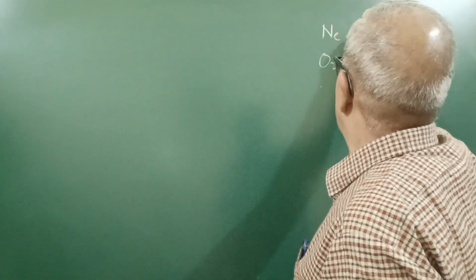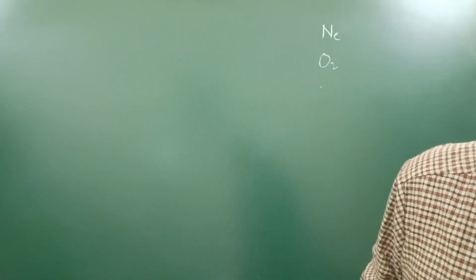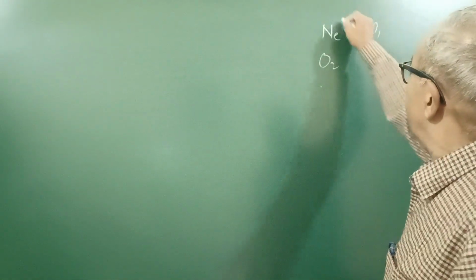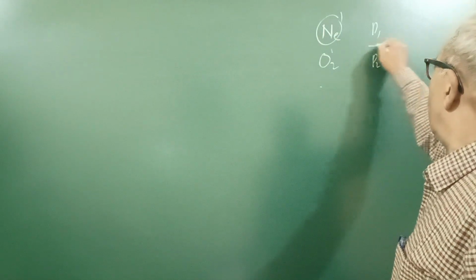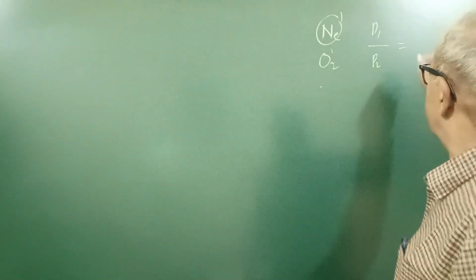Here is a question, please listen to me. A vessel contains two non-reacting gases, neon, monoatomic, and oxygen, sorry, diatomic. The ratio of their partial pressures, P1 upon P2, is 3 by 2.